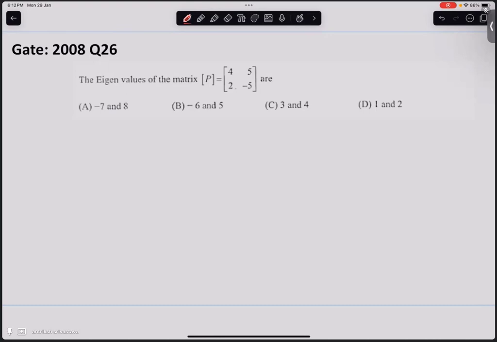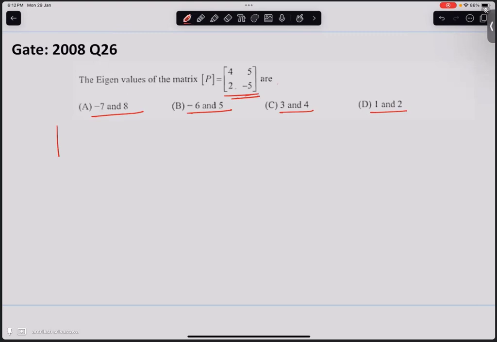The eigenvalue of this matrix P, a square matrix, which is given as [4, 2; 5, -5], options are given: -7, 8; -6, 5; 3, 4; and 1 and 2. So how do we get the eigenvalues of a matrix? We get them by solving the characteristic equation, right?